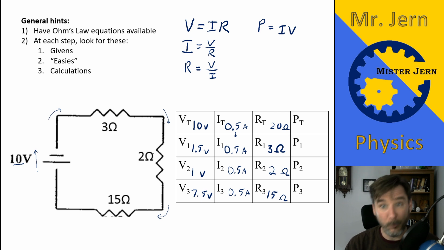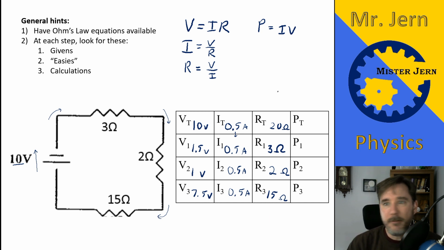It drops another 1 at the 2 ohm resistor, and then another 7.5 at the 15 ohm resistor. So by the time it gets past there, it should be down to 0. In other words, the sum of all these voltage drops should be 10 volts. And is that true? 7.5 plus 1.5 gives us 9, plus 1 more gives us our 10. So yes, we're good there.